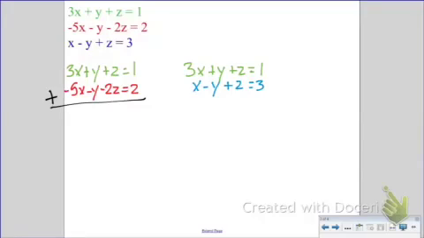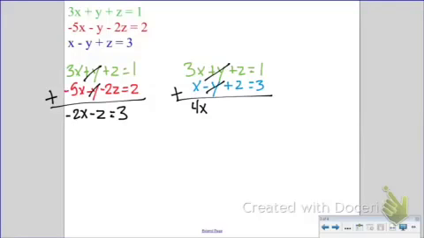Elimination by adding will make the y's go away. 3 plus negative 5 is negative 2x. 1z plus negative 2z is negative z. And 1 plus 2 is 3. Over on the other side, elimination by adding makes the y's go away. 3 plus 1x equals 4x. 1z plus 1z equals 2z. 1 plus 3 is 4.